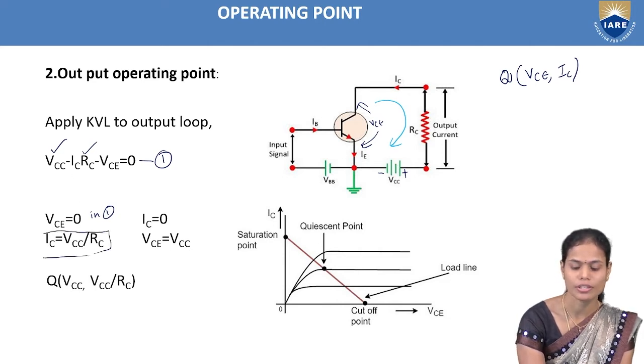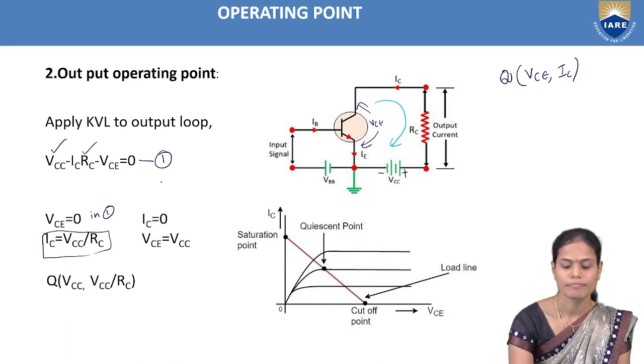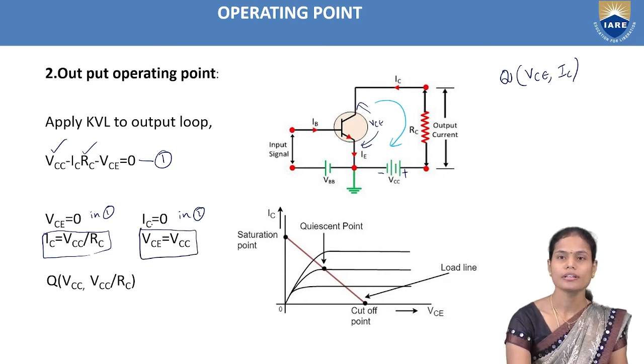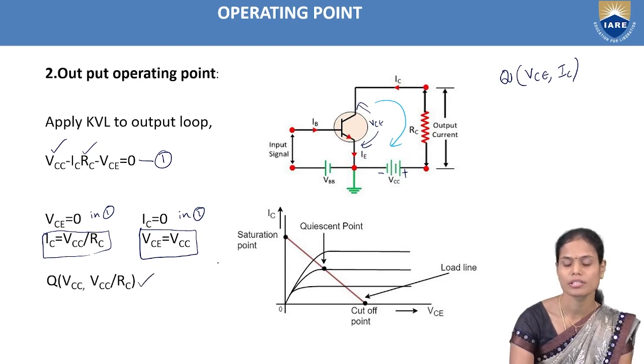This is one point of the operating point. Next, if we substitute IC equal to 0 in the first equation, we get VCE equal to VCC. This is the second coordinate of the operating point. So our operating point is VCC comma VCC by RC.